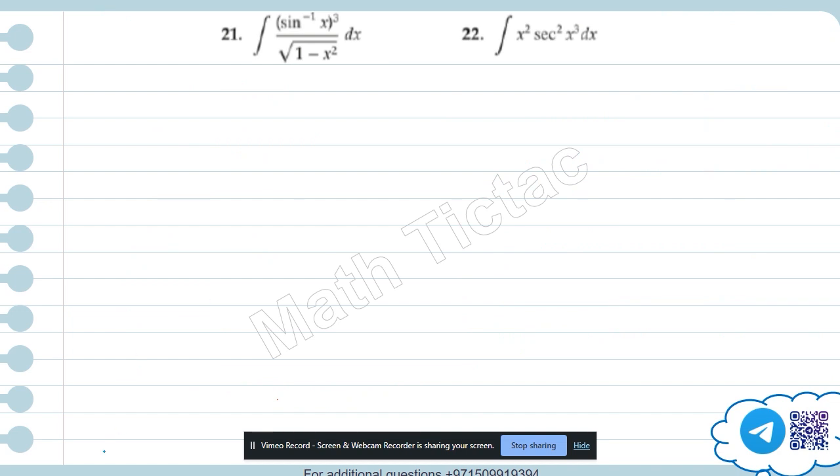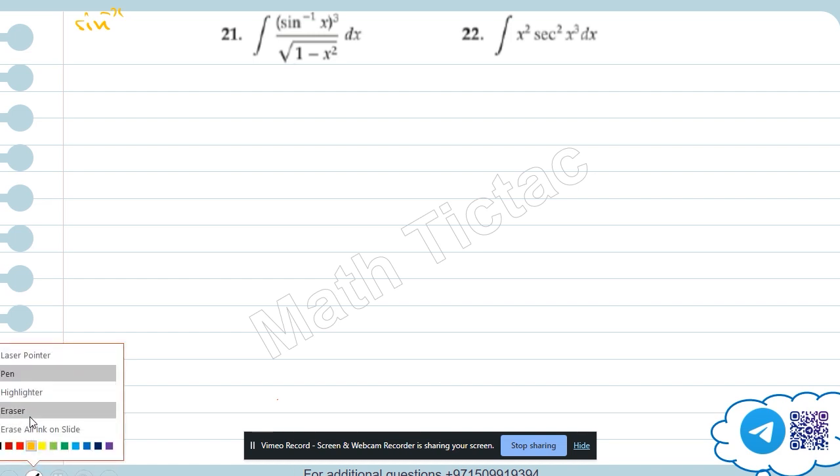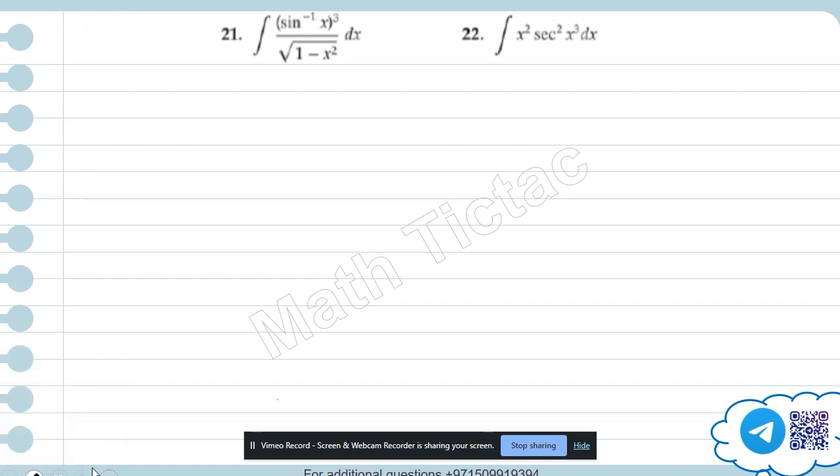So let's move directly to question 21. In this question, we have the integration of sine inverse x cubed, divided by square root of 1 minus x squared. Now the derivative of sine inverse of x is 1 over square root of 1 minus x squared.